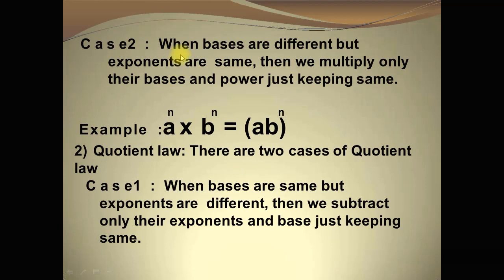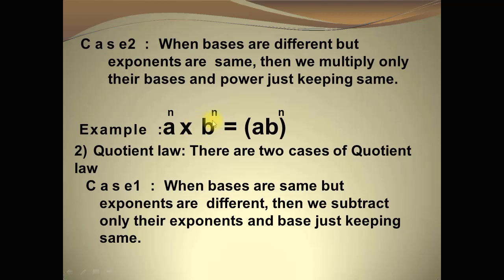Now case number 2 for product law, when bases are different but exponents are the same. In this example, bases are different and exponents are the same. Then we multiply their bases and the power just stays the same.